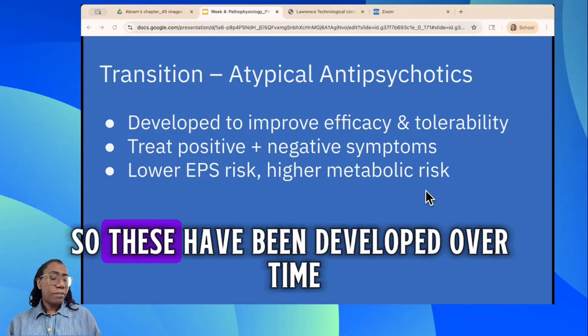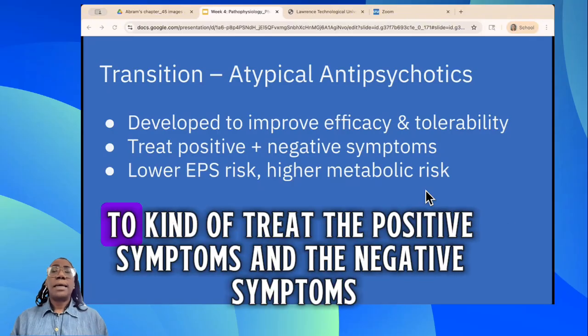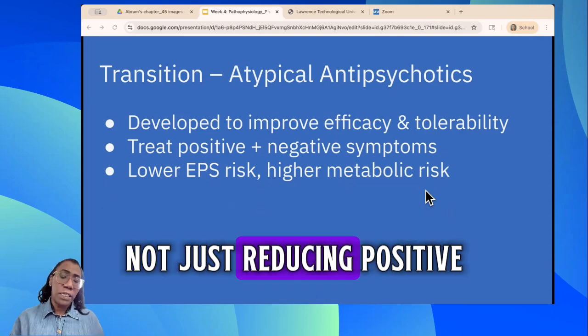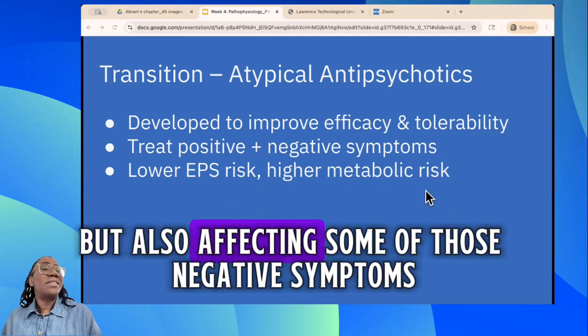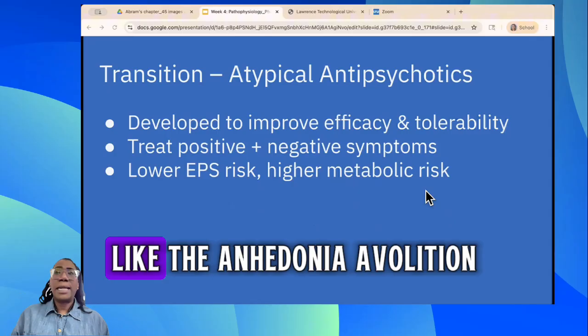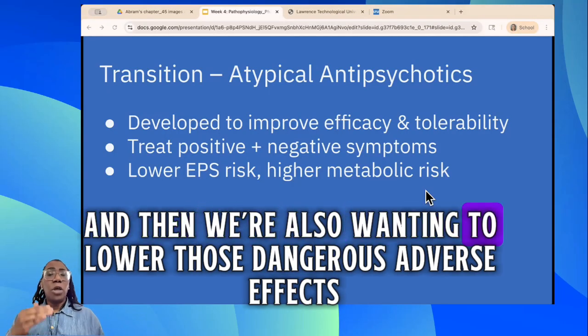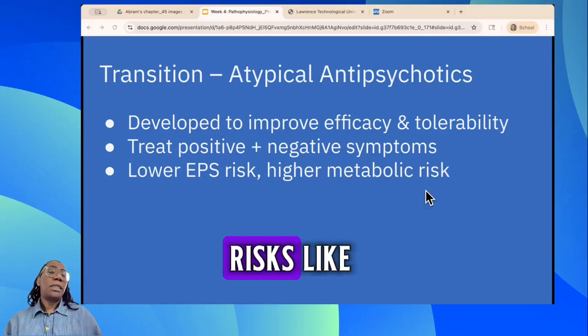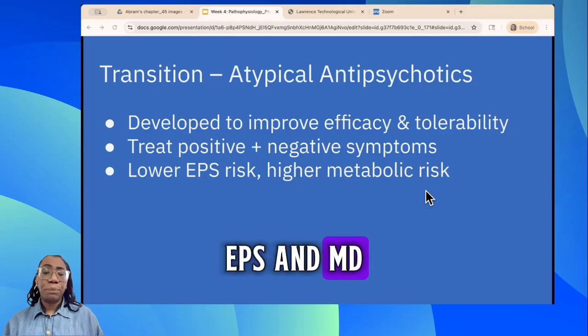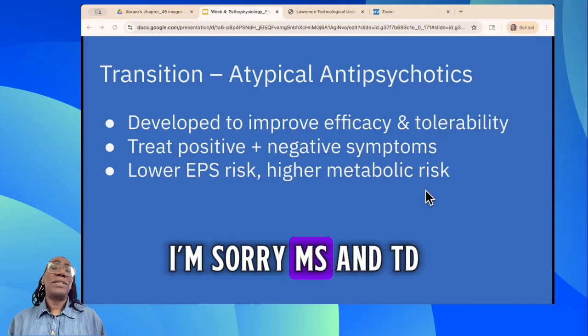All right. So these have been developed over time to treat the positive symptoms and the negative symptoms, not just reducing positive, but also affecting some of those negative symptoms like the anhedonia, avolition. All right. And then we're also wanting to lower those dangerous adverse effects risks like EPS, I'm sorry, NMS and TD.